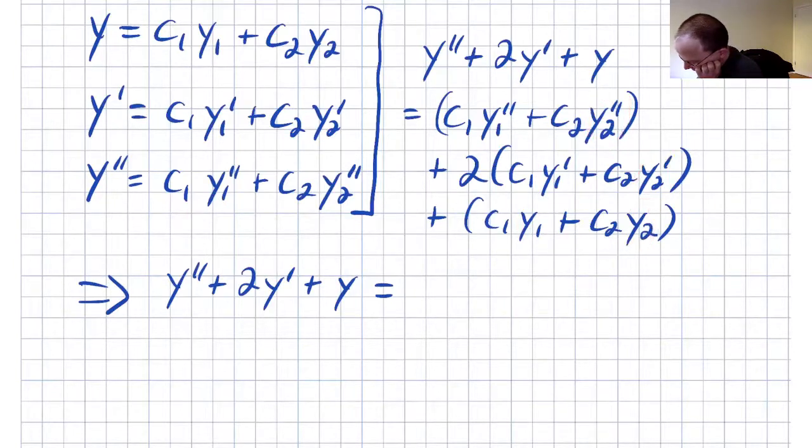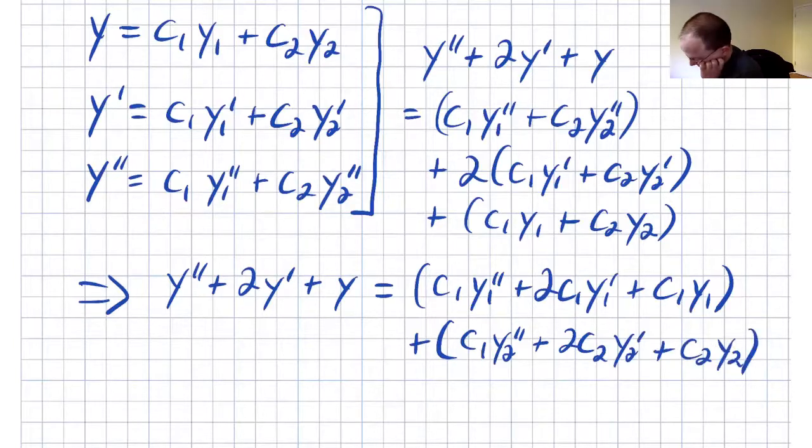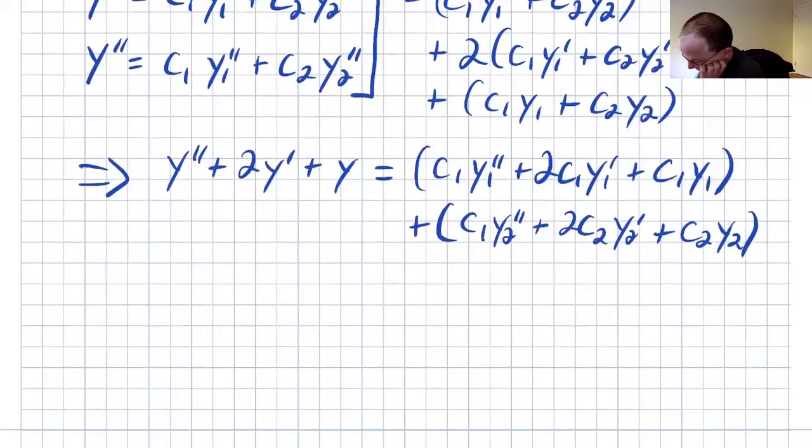So the y1 terms are going to be c1 y1 double prime plus 2c1 y1 prime plus c1 y1. So it's just reorganizing. And then we have c2 y2 double prime plus 2c2 y2 prime plus c2 y2.